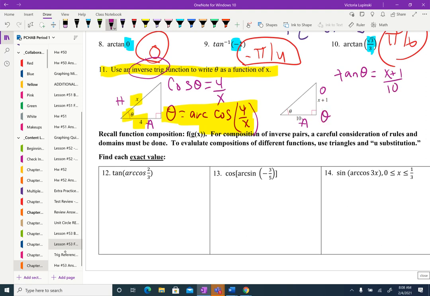To get rid of a tangent, you're going to take an inverse tangent or an arc tangent of x plus 1 over 10. And again, you don't have to use parentheses, but a lot of times they do. Just so you know, it would be equally correct if you just said inverse, but I would like you to have a little bit of practice with the arc notation, since that does happen a lot.